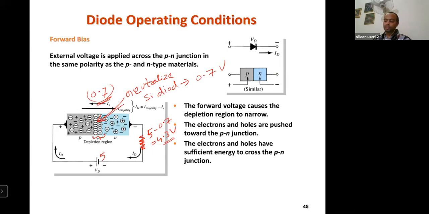For different materials, if it's a germanium diode, it will take 0.3 volt; if it's a silicon diode, it will take 0.7 volt. So for silicon, the forward bias voltage is 0.7. We'll see this type of problem later. It is just one concept you should know: the forward bias voltage will be utilized by that diode, and the rest of the voltage will be available for the other part of the circuit.